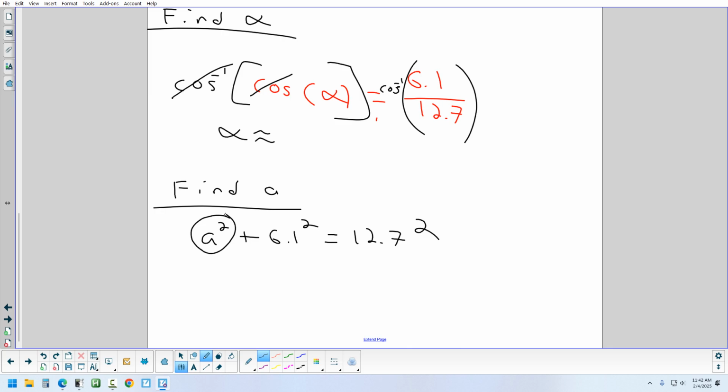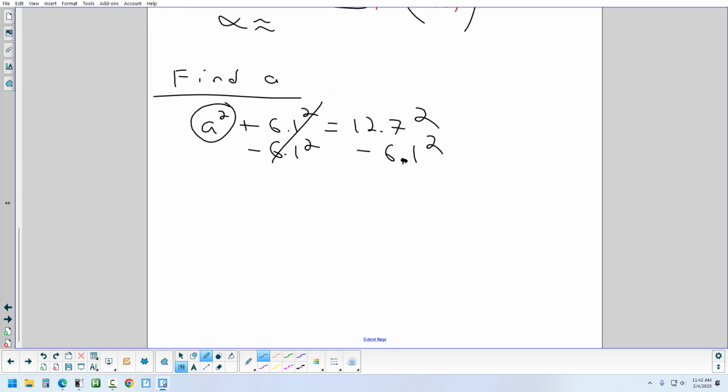Yeah, don't even worry about what it is. Just move it to the other side. Subtract the 6.1 squared. So that's a squared equals 12.7 squared minus 6.1 squared. If I do that out and I round it, I'm just making my answer not accurate. So don't do it out.